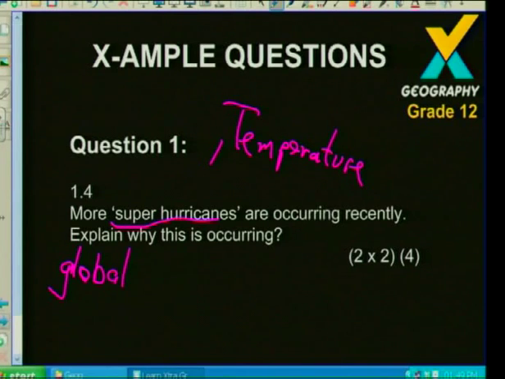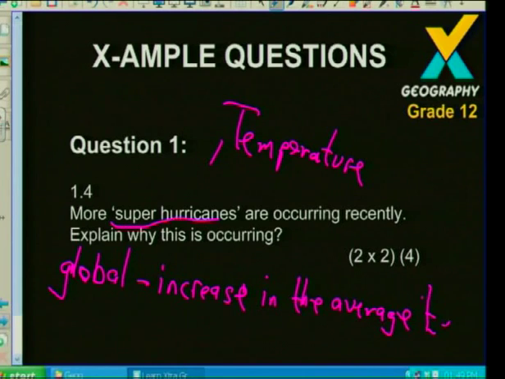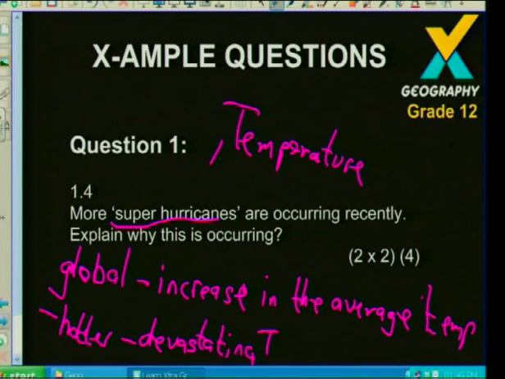So obviously, if it's getting warmer due to global warming, which is the increase in the average temperatures, making the earth hotter, which leads to stronger or more devastating tropical cyclones.